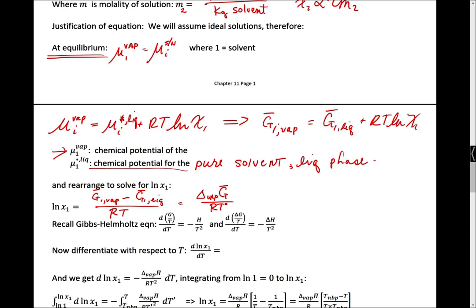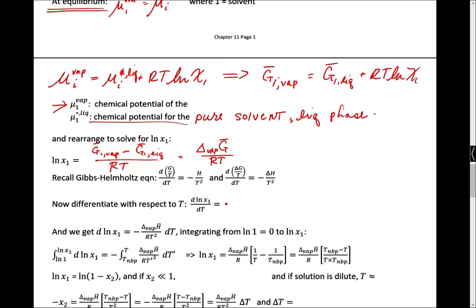Now we know that the differential of this with respect to T is going to be given by delta H over T squared times 1 over R. So that's what we're going to write down below.